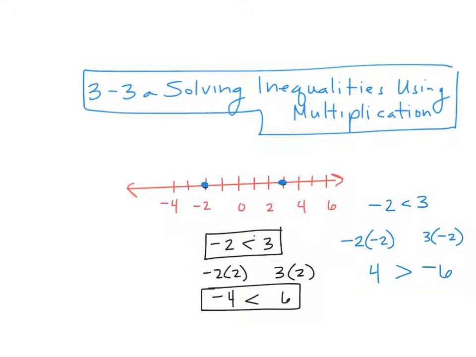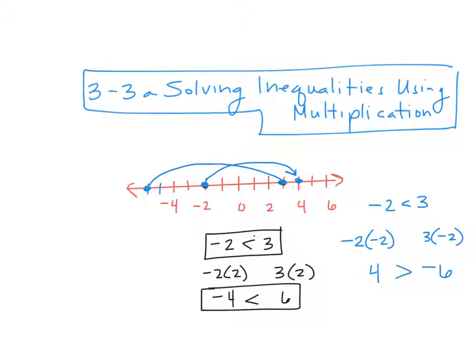So if I multiply this -2 by -2, I end up here. If I multiply this 3 by -2, I end up here. Notice what happened? They leaped over each other, right? When you multiply by a negative number, it changes your setup.